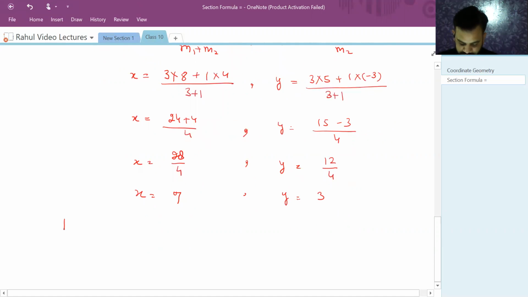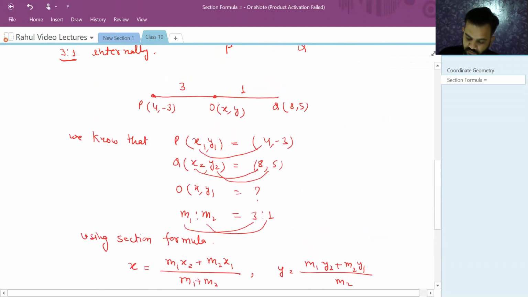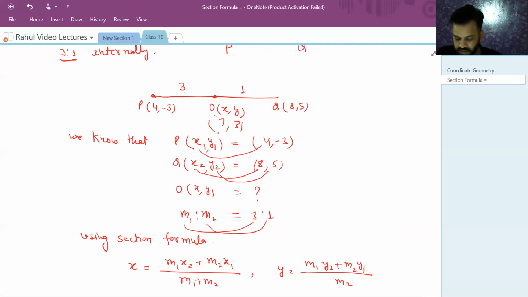Hence, the point O will be 7 and 3. Okay. These points divide this line in the ratio 3:1. So this is the use of section formula.